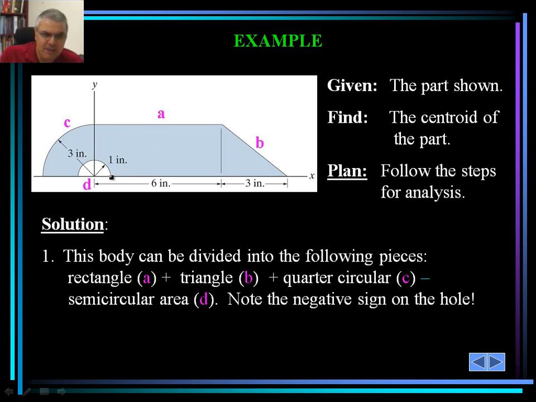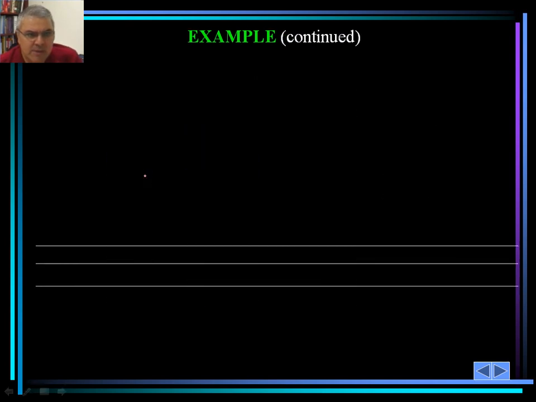Remember that a hole itself could be considered a piece. In that case, I need to subtract the area from the entire calculation so that you'll be able to calculate the centroid of this particular part. So we show the areas that need to be calculated with a negative sign.